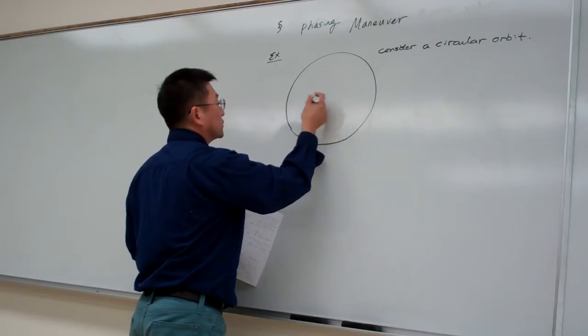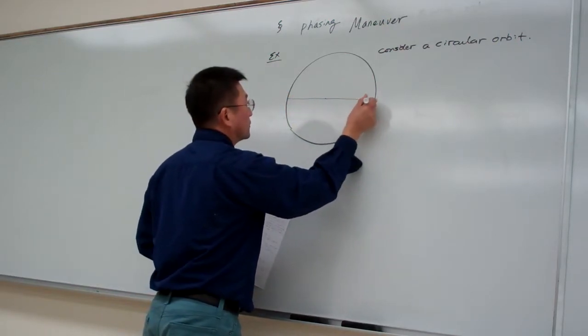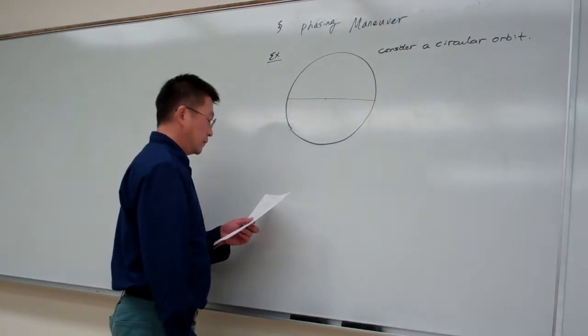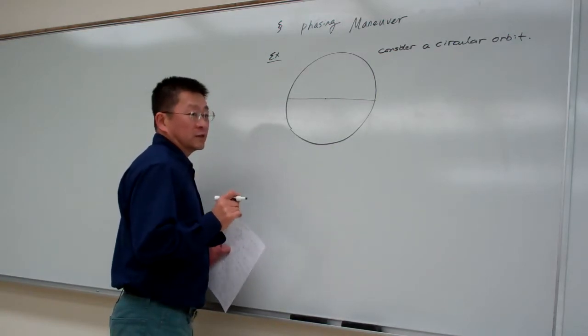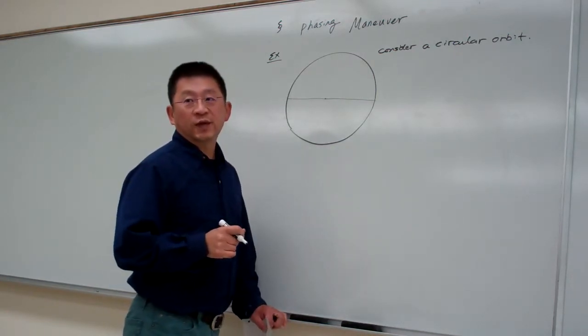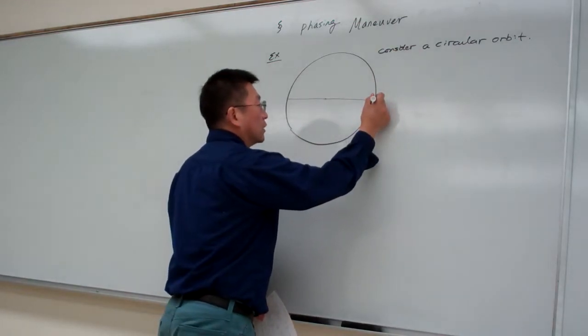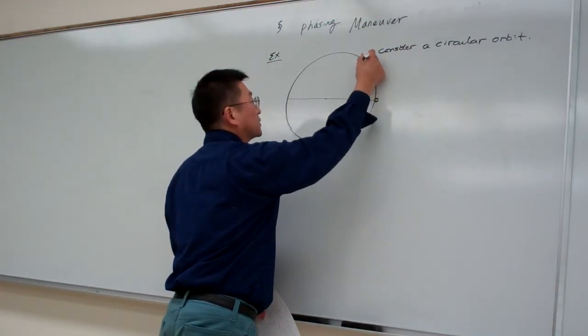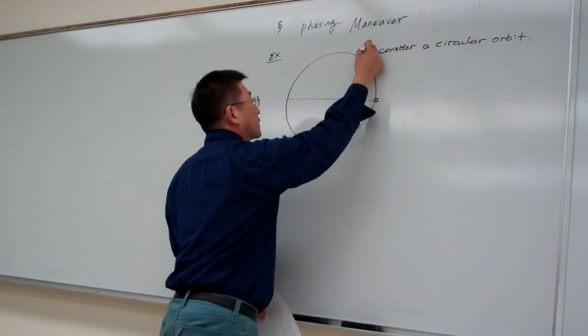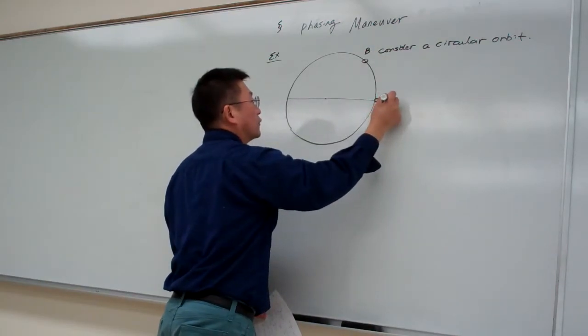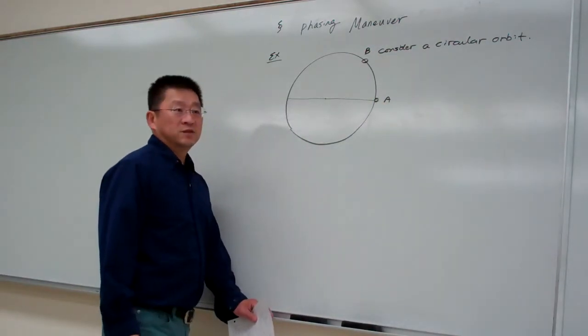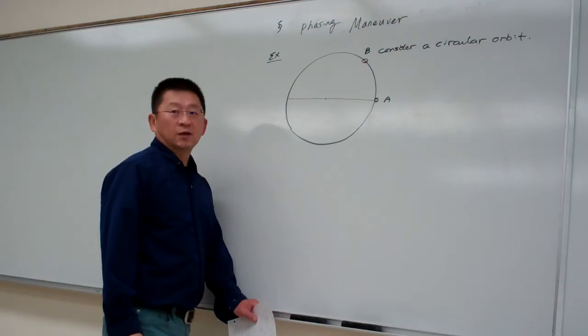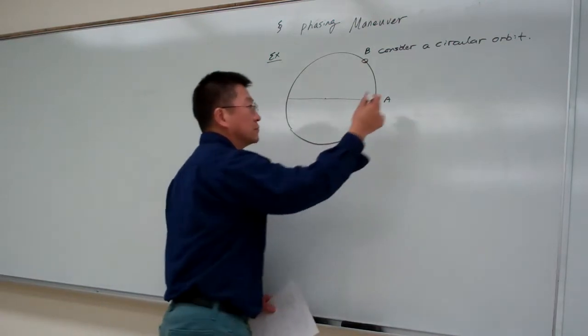And this is the center here. Okay, so at a specific moment in space, we have, say, this is B. We have two celestial objects in space on the same orbit.